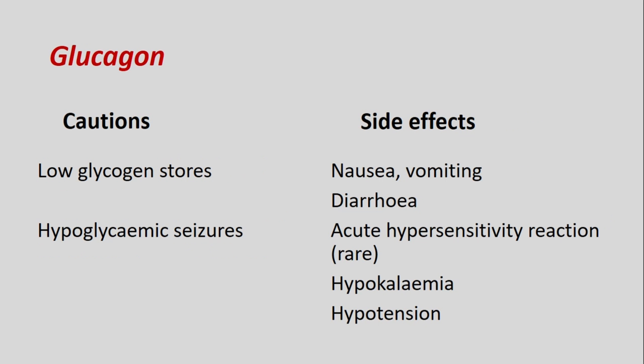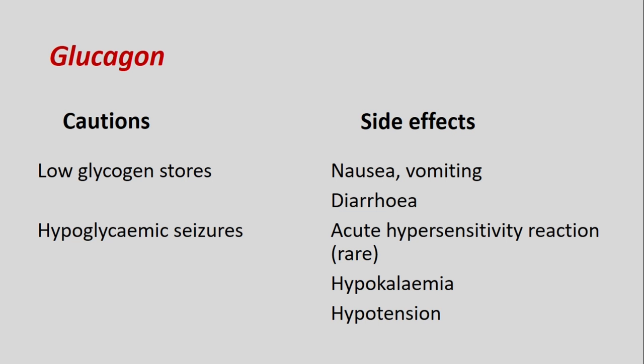Let's now take a look at some of the cautions. Caution must be taken for those patients who have low glycogen stores, such as recent use of glucagon or starved patients. Remember, the objective of administering glucagon is to convert stored glycogen into glucose.